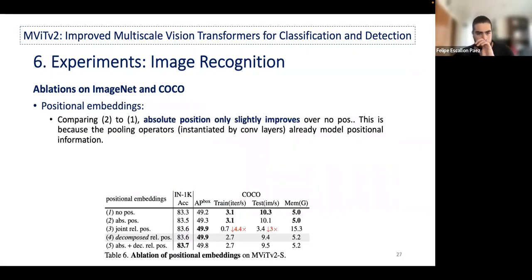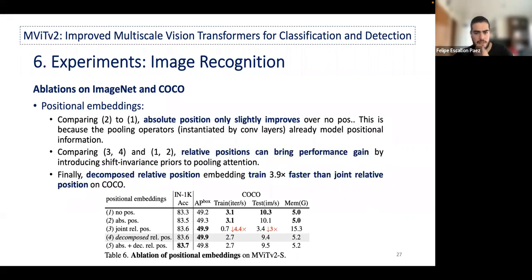So they did a lot of ablations. For instance, they did positional embedding ablations, and they compared their decomposed relative position. The conclusion they get is that the accuracy and the APbox on COCO is better, and if it is not better, it has some benefits like the training iterations per second over other methods.